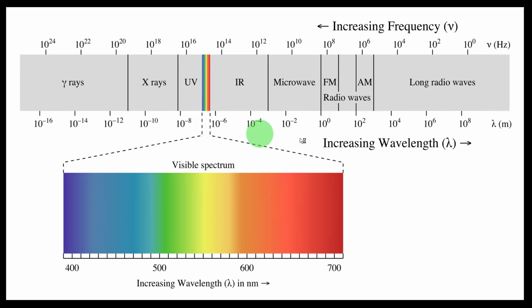So you can learn and understand this. This is wavelength, this is frequency. There are two things: frequency increases from right to left, but wavelength increases from left to right. So this is the power we need to discuss.